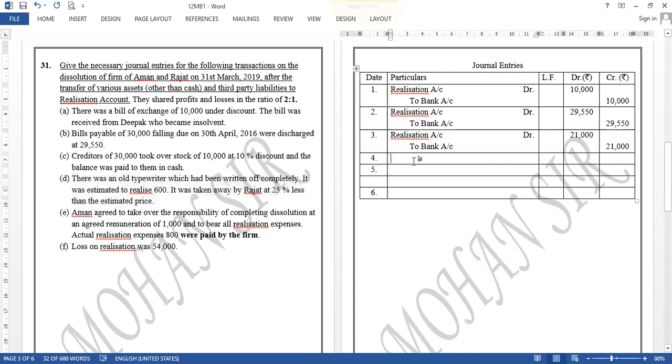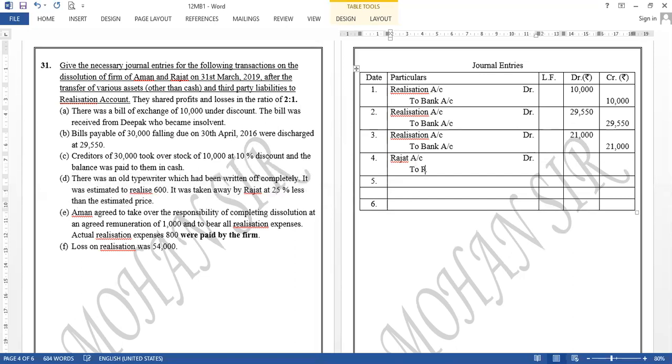Rajat to realization account, yes, that's correct. So Rajat account will be debited to realization account. Okay. Amount please. How much will it come? 450. 450 is right. Okay. Next.